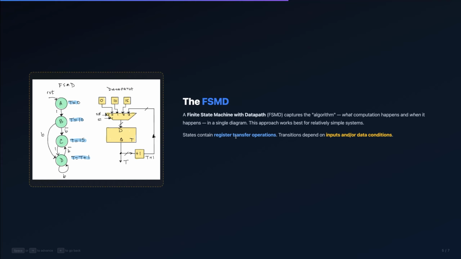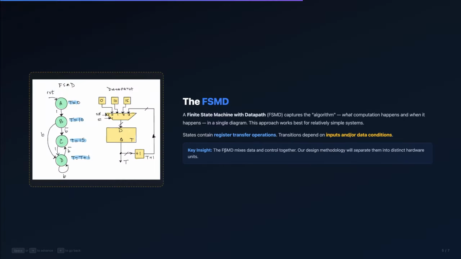Okay, so an important concept is that the states, each of these individual states in this example, contain the register transfer operations. Sometimes the transition paths might actually depend on external inputs, like I've shown here, or it might depend on certain data conditions that happen within the data path. So that's a possibility as well.